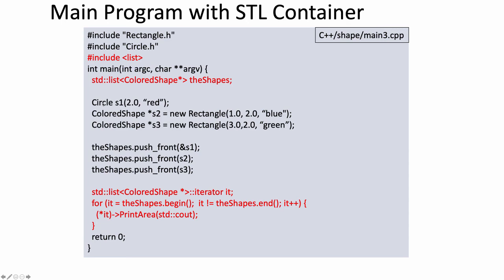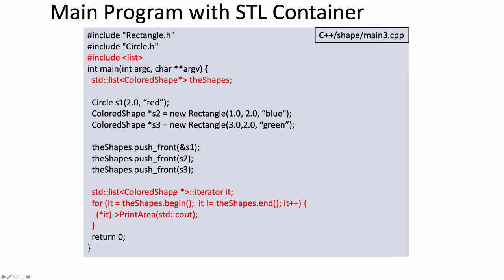I construct my circle and my 2 rectangles. I'm then going to add my shapes to the shapes list. You push them onto the front of the list. Because it's taking a pointer, I have to put in the address of shape 1, because shape 1 was constructed without using a new. And then I push on S2 and S3.